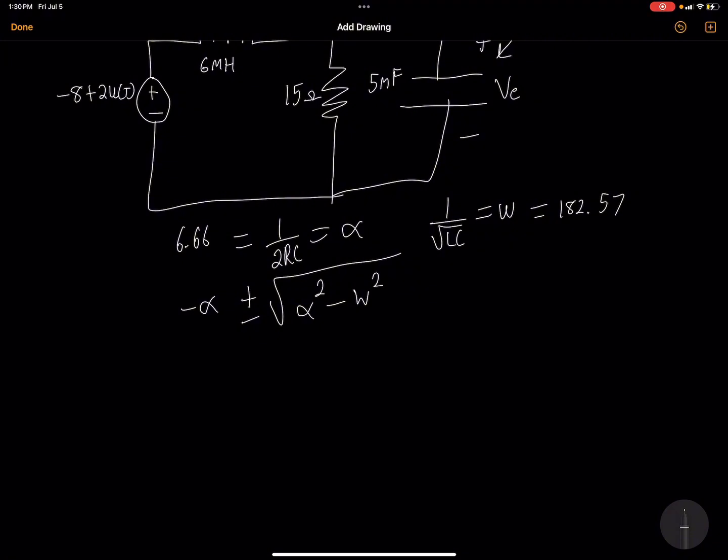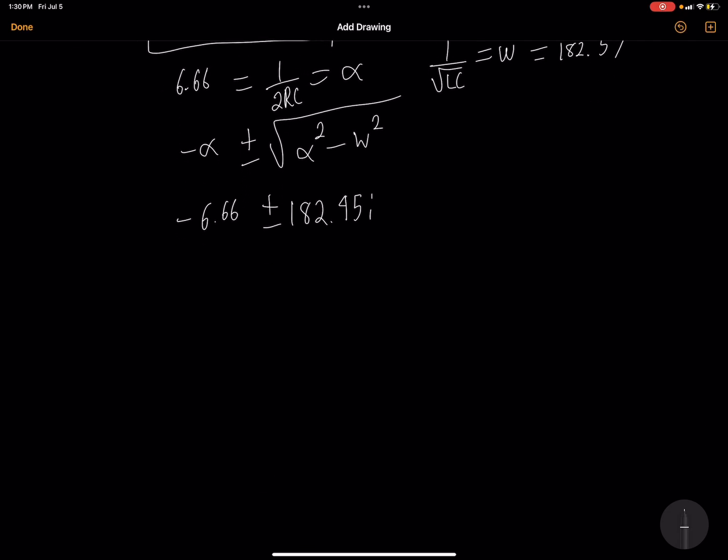And we plug in our values, and this squared minus this squared, if you plug in your values, you should get plus or minus 182.45i, and alpha is -6.66. Now let's plug this into our characteristic equation.